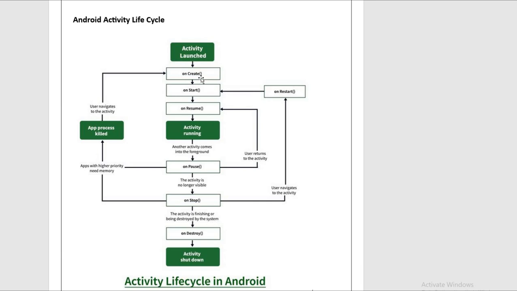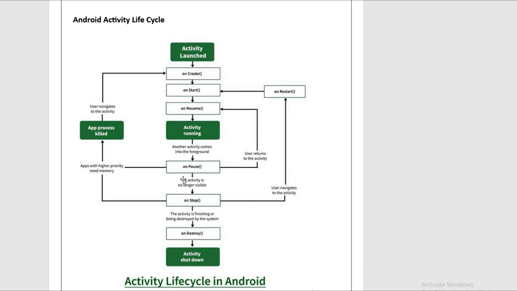After my activity is running, if another activity comes into the foreground, what is the meaning of this? Suppose your activity is open and you get a message in the notification tray, like a WhatsApp message or something like that, and if you click on that message, your WhatsApp will open. At that time, another activity comes into the foreground, meaning WhatsApp comes into the foreground, which is another application.